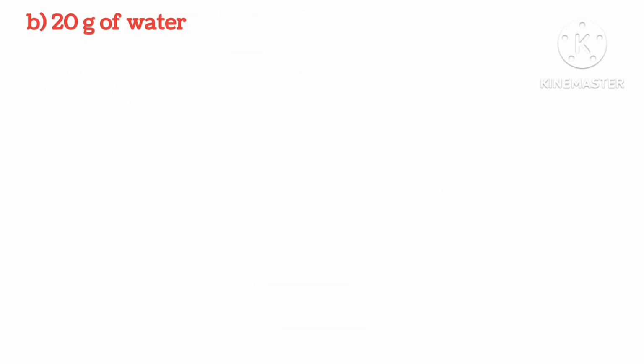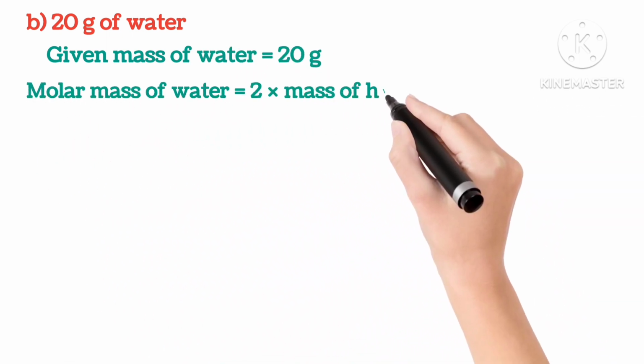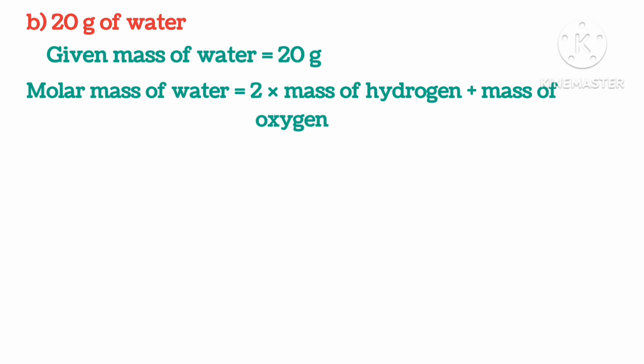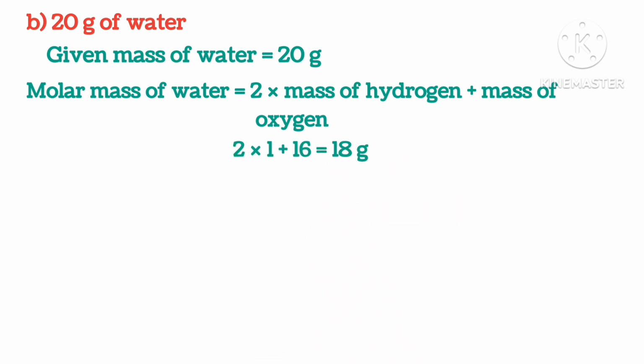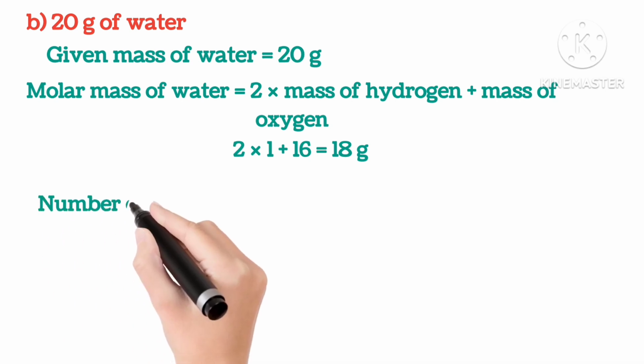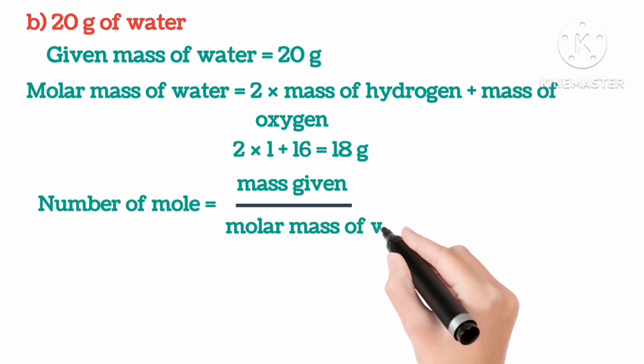20 grams of water. So given the mass of water is 20 grams, molar mass of water is 2 into mass of hydrogen plus mass of oxygen, that will be equal to 18 grams. So the number of moles will be equal to mass given upon molar mass of water.